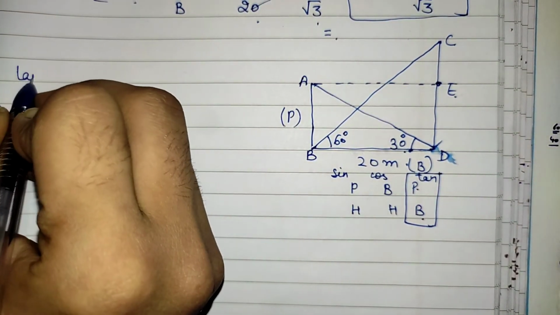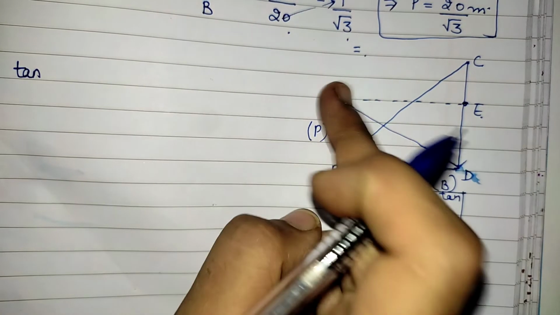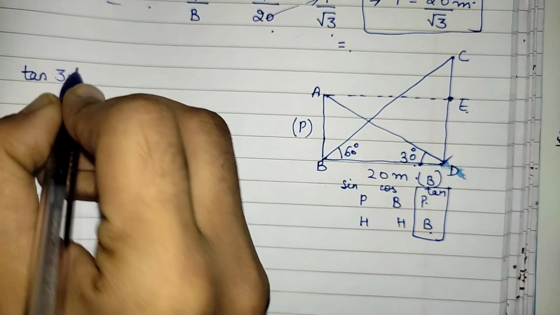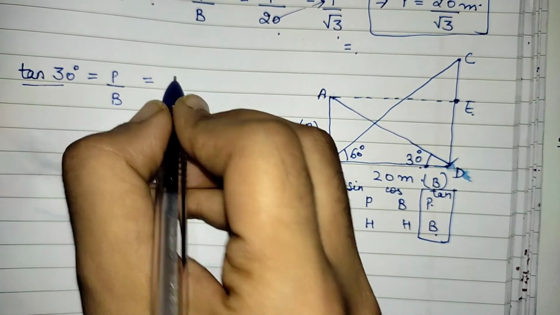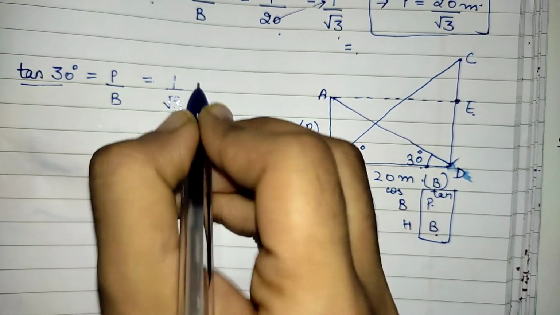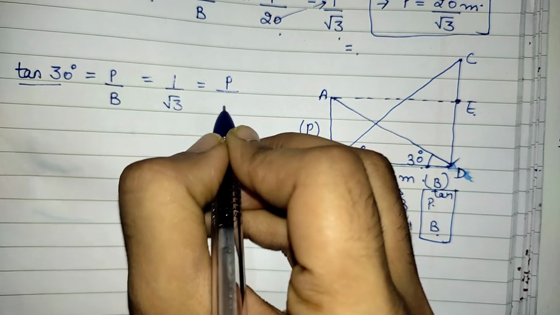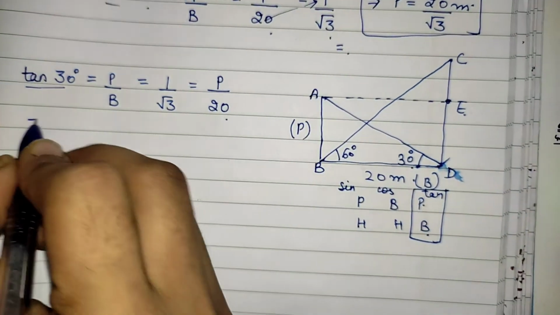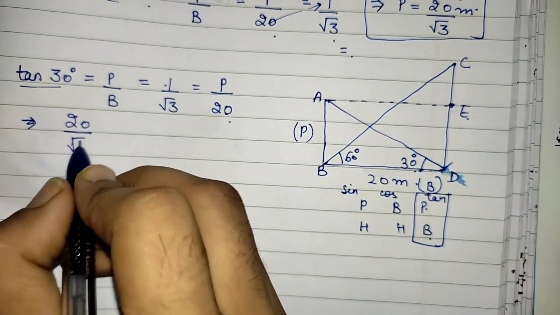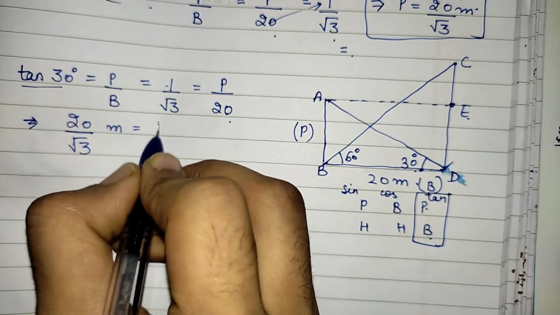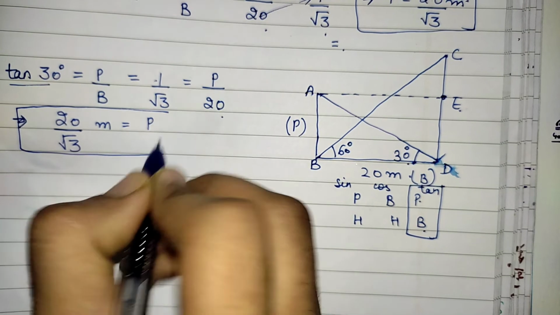So in this triangle ABD, tangent 30 is equal to perpendicular by base, and tangent 30 is 1 by root 3. Perpendicular I have to find out and base is 20. So doing cross multiplication, perpendicular will be equal to 20 by root 3 meter.